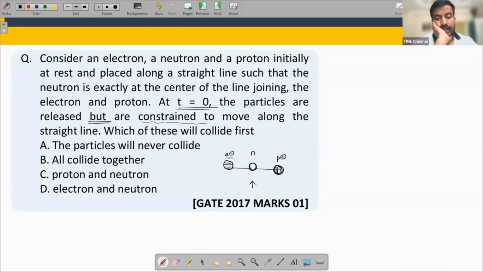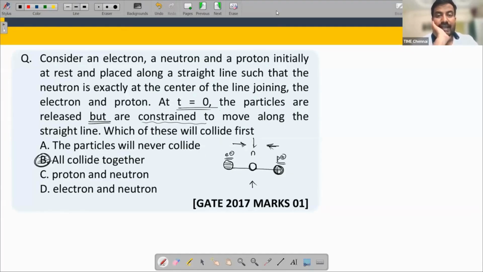Now you know electron is negative charge, proton is positive charge. Unlike charges attract, so they move towards each other, and this one is exactly at the center. So most probably all must collide together. That's the logic.